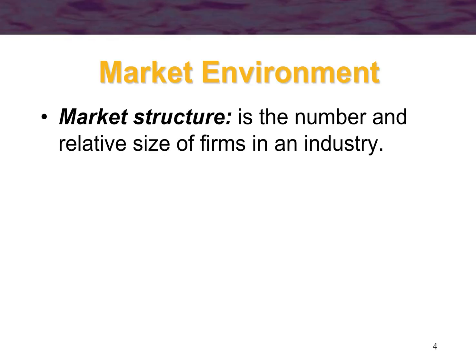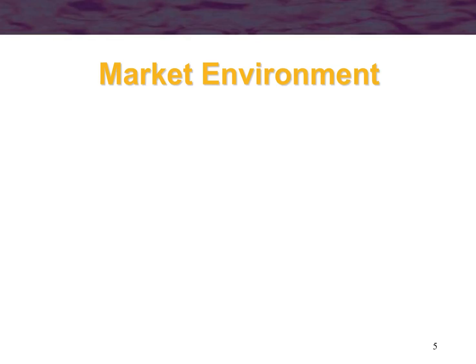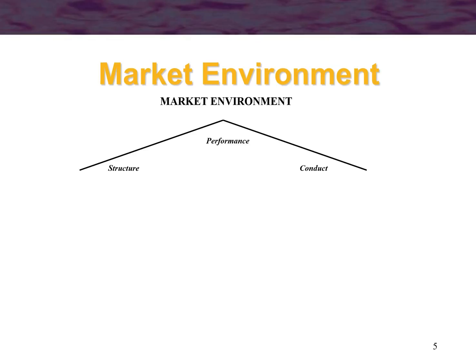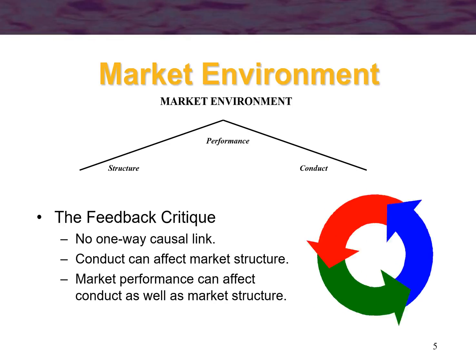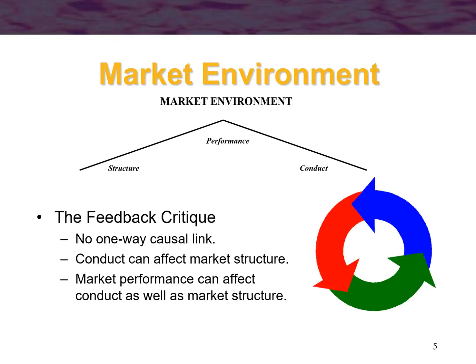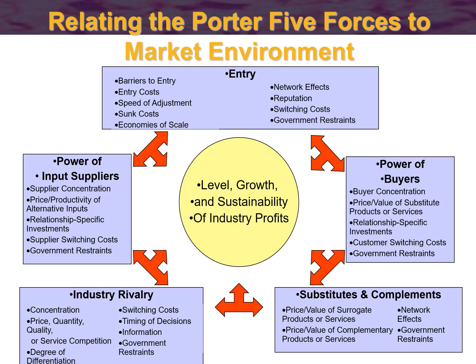And we're going to be focusing our attention on market structure. If market structure changes, how does that affect conduct and performance? And so you could see the three elements, structure, conduct, performance. And we're going to be discussing the feedback loop, which is when one element changes, the other two change.